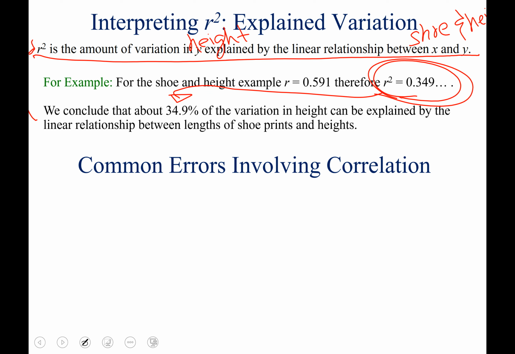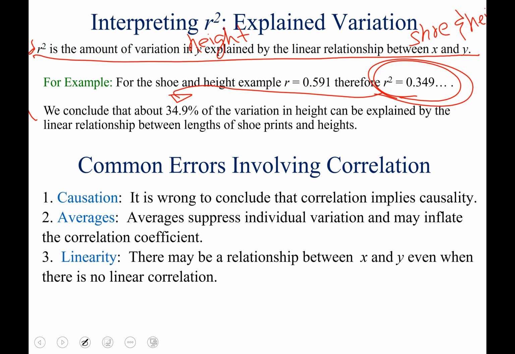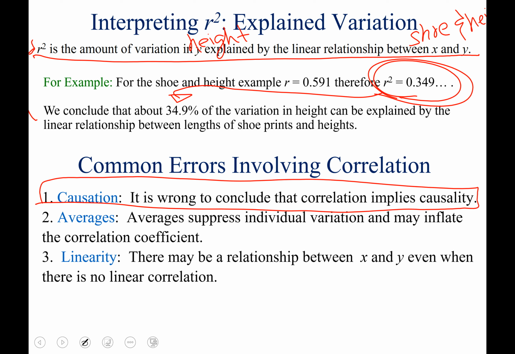There are some common errors involving correlation. Number one, keep an eye out for this, and make sure you understand it. It's called causation. It is wrong to conclude that correlation implies causality. As statisticians, we can say that one variable is correlated to another variable, but we can't say that one variable causes the other variable to react in any way.